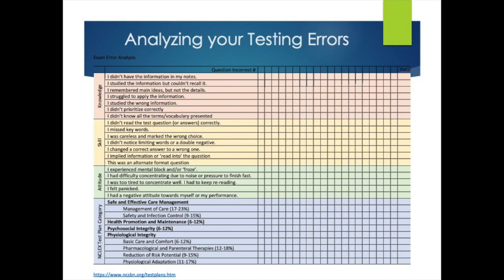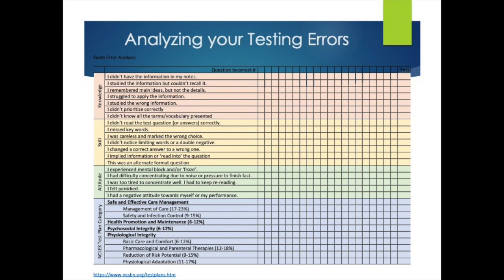One of the other areas that I've put into this test review, as far as analyzing your errors, and this is a really key piece that you may not use in your sophomore year, but in your junior and senior years when you're taking exams that are going to be absolutely crucial in preparation for your NCLEX, is the NCLEX test plan categories. So why is this important to you?